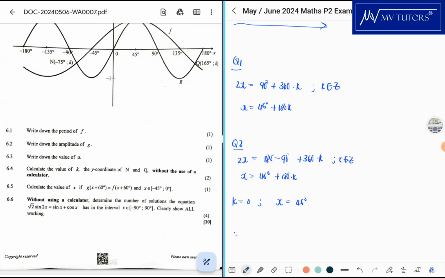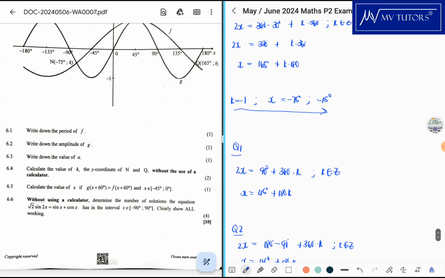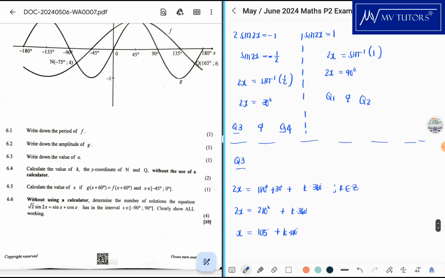So ultimately, as we're done, x is equal to -75, x is equal to -15, and x is equal to 45 degrees. All right, and that is it for 4 marks. So much was done, but it is what it is.